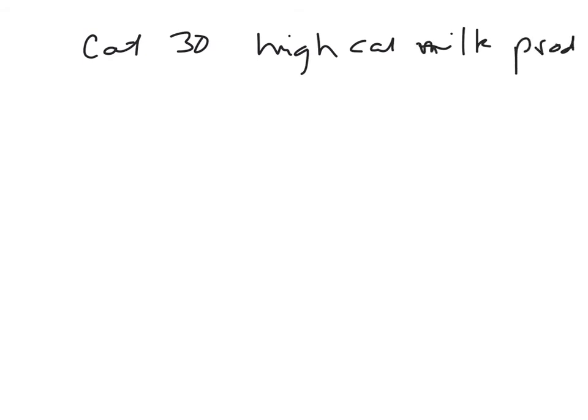This is category 30. And this is high calorie milk. Oh boy, that's really bad handwriting even for me and my stylus. Milk products. And the estimated price elasticity of demand reported in the table is 0.1793.